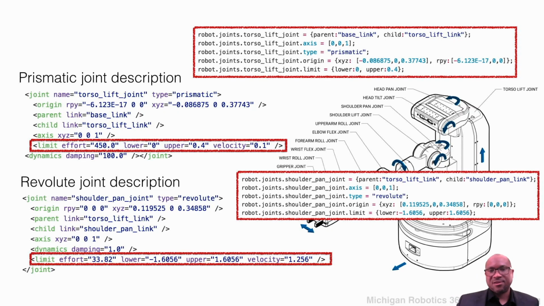Usually the limits can provide limits on the amount of force that can be produced by the motor, upper bounds on the velocity that can be produced, as well as the upper and lower, which is the bounds on the state that the joint can take. So for instance, a prismatic joint can lower to I think 0 meters and move up to 0.4 meters. A revolute joint, such as the shoulder pan joint, can only move between negative pi/2 and pi/2, right?